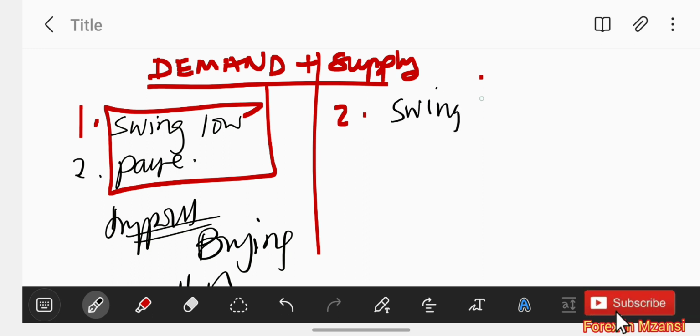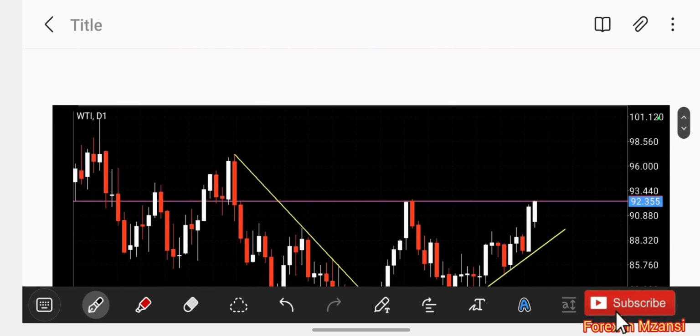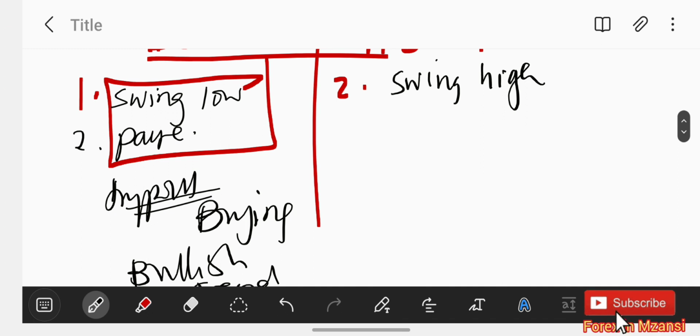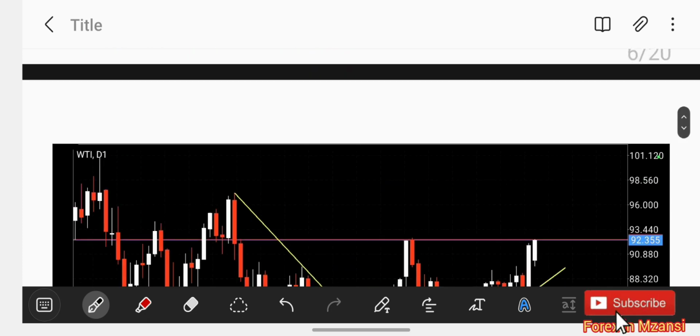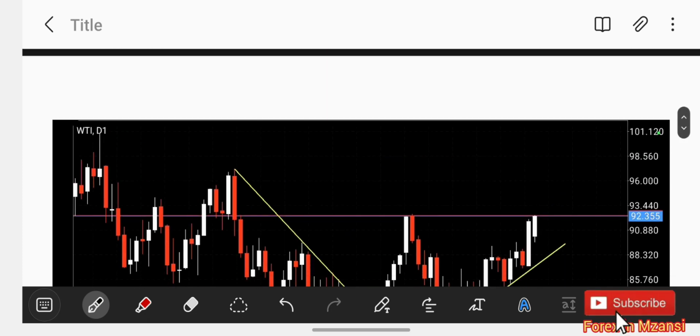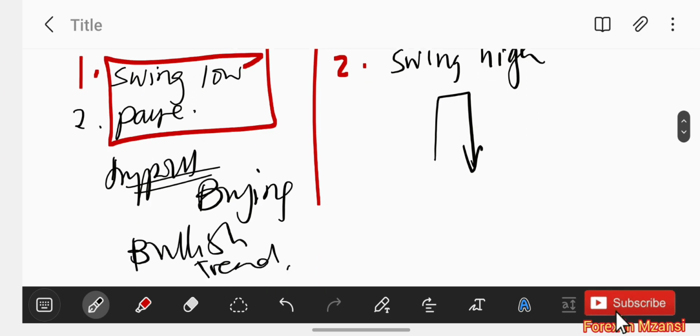It's just the opposite. A swing low was a drop based rally, so this will be a rally based drop. That's a swing high. It looks like this on your chart. All these are swing highs. This is a swing high, this is a swing high, all of these are swing highs. That's how a swing high looks on your chart.